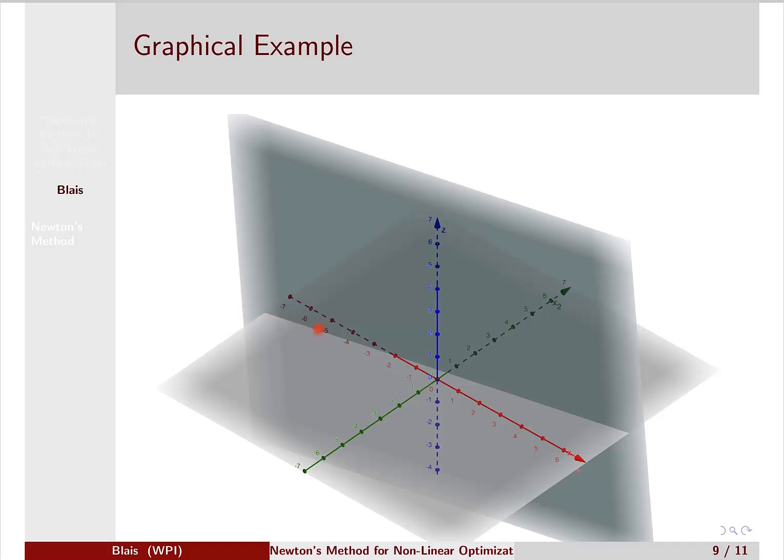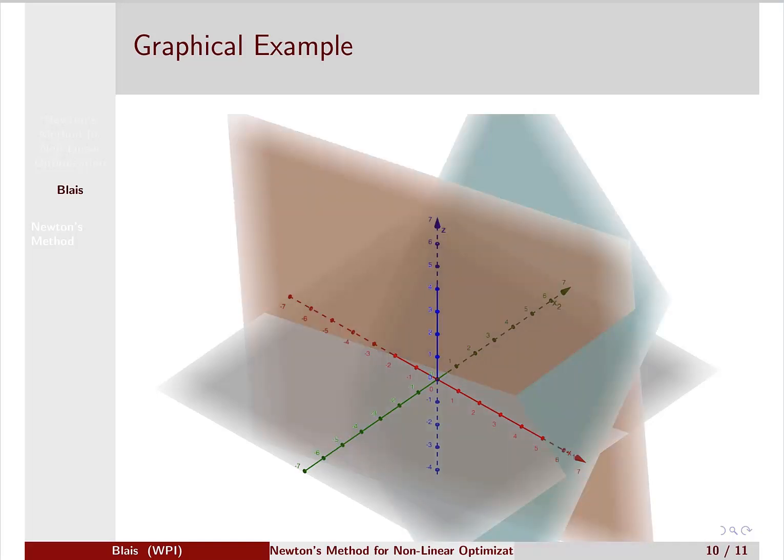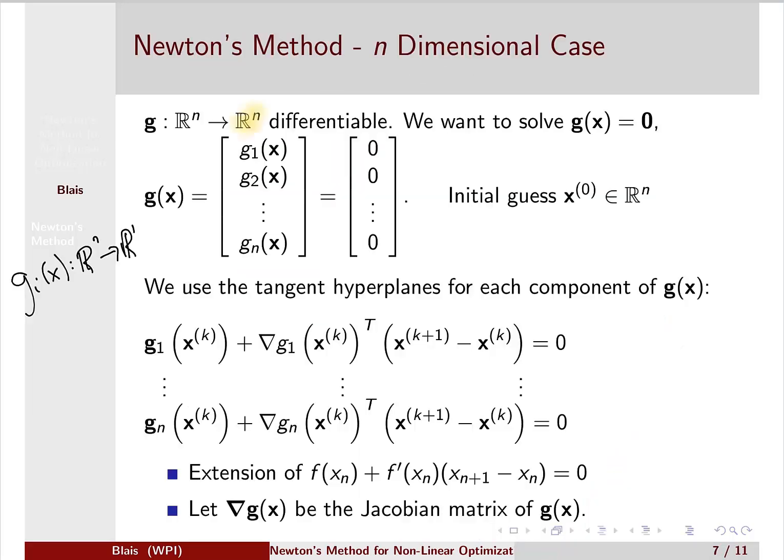That plane being equal to 0 gives us this entire line in the x1, x2 plane. But the key is that we are solving them simultaneously. As long as these planes are not parallel, these lines in the x1, x2 plane intersect in a point. And this is the point we seek. This is what we mean by solving these simultaneously.